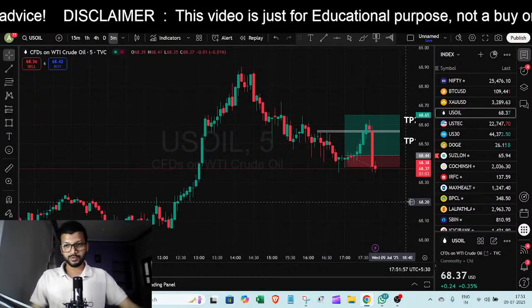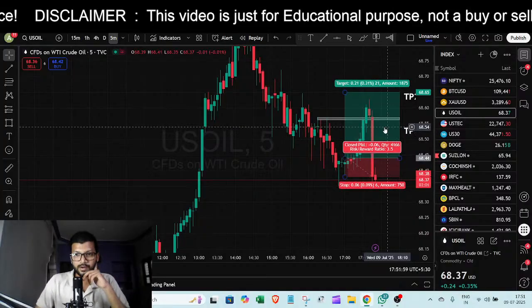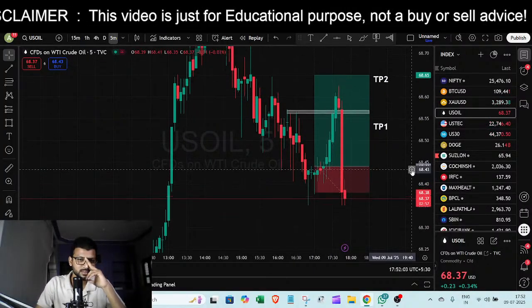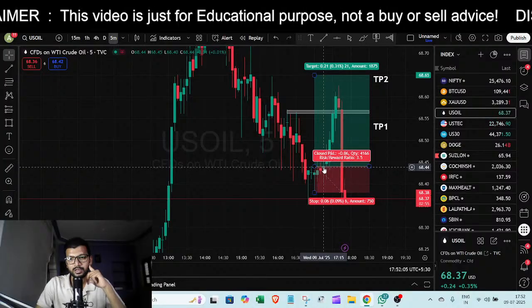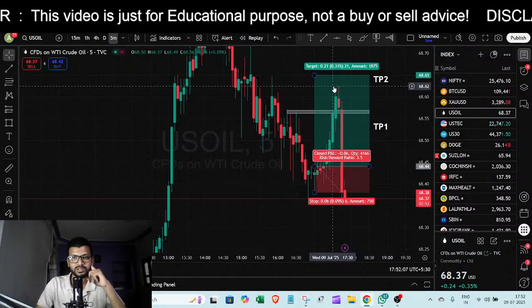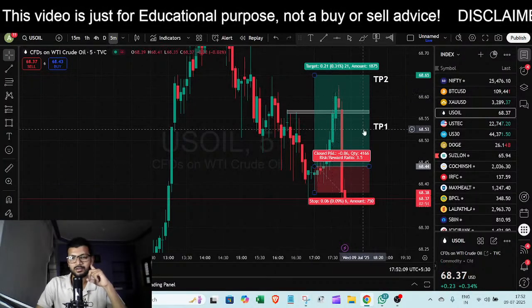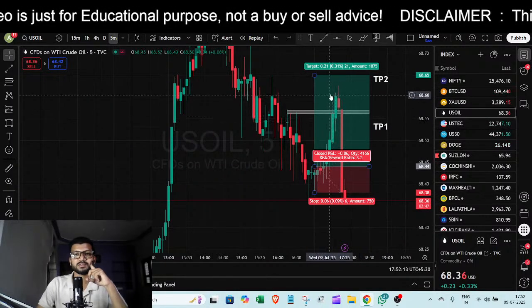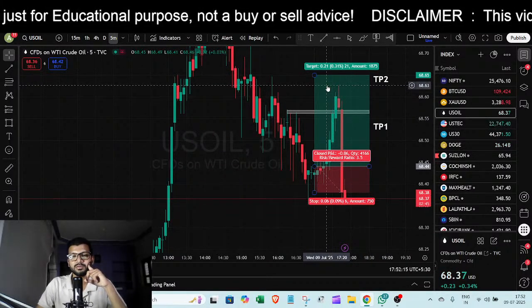Okay, so that is the power of our trailing SL. See, we took this US oil from 68.4 to 68.6, almost achieved 1:3.5, but from this level we have seen the reversal.